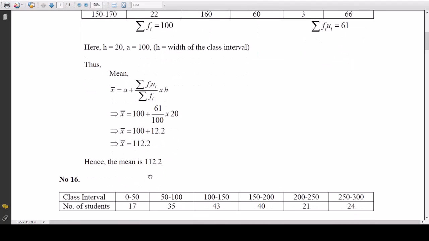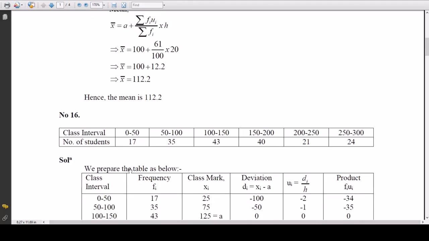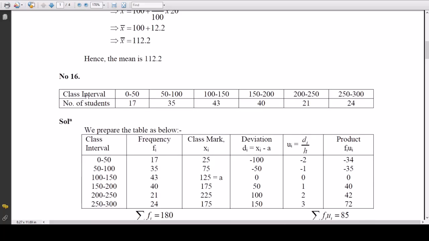Now next, question number 16, we'll find using the same method, that is the step deviation method. Here also we'll prepare a table. In the first column you'll take the class interval. The number of students, which is the frequency, you'll take as the second column.